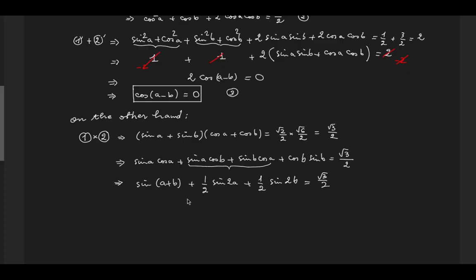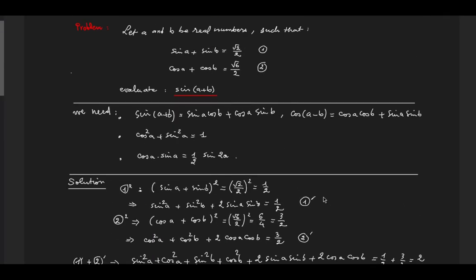Sine a plus b is what we need to evaluate, so we have it here. Now let's evaluate the rest of the sum, which is 1/2 times sine 2a plus sine 2b. Now we will need another trigonometric identity.